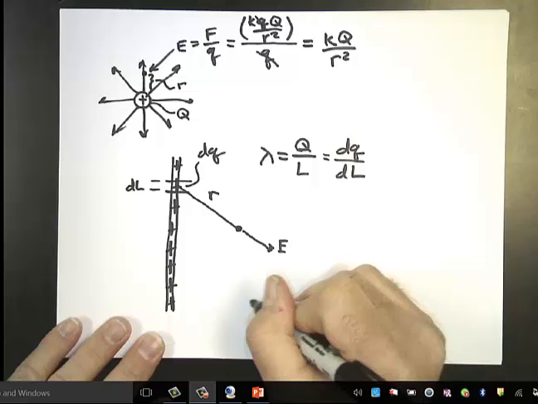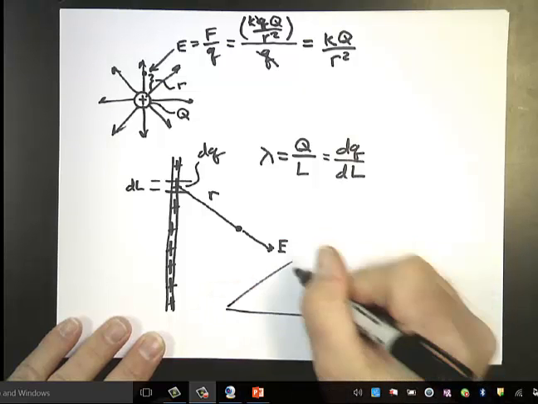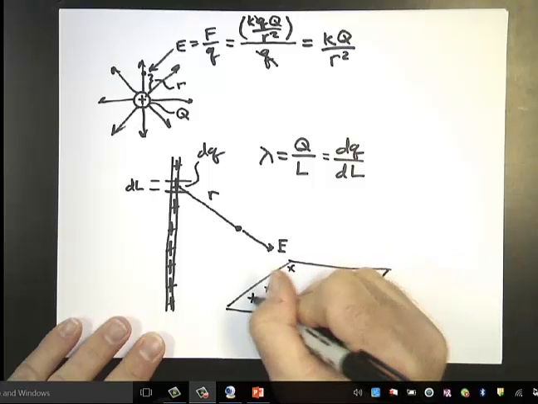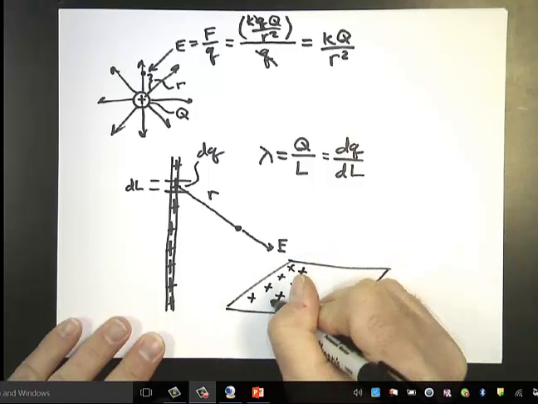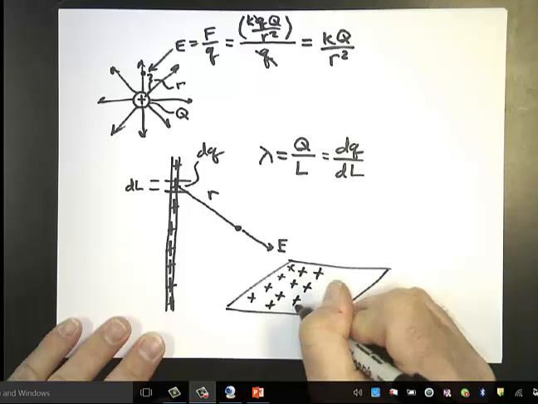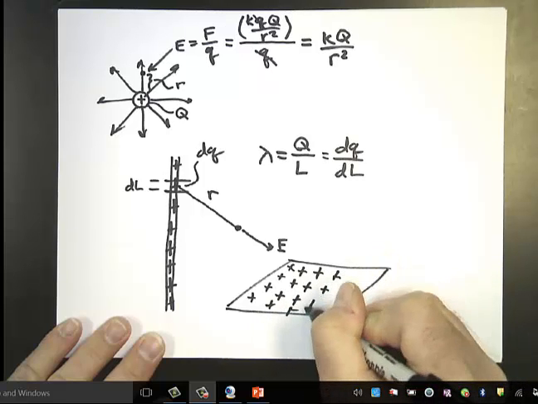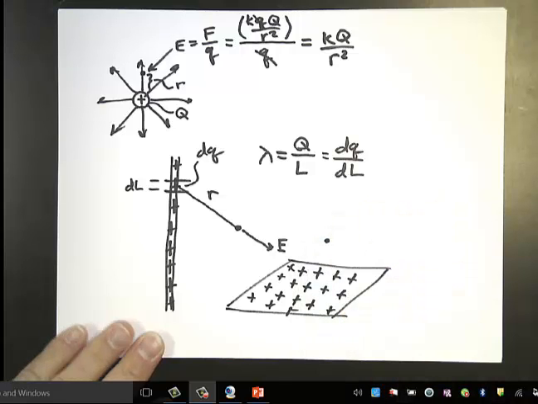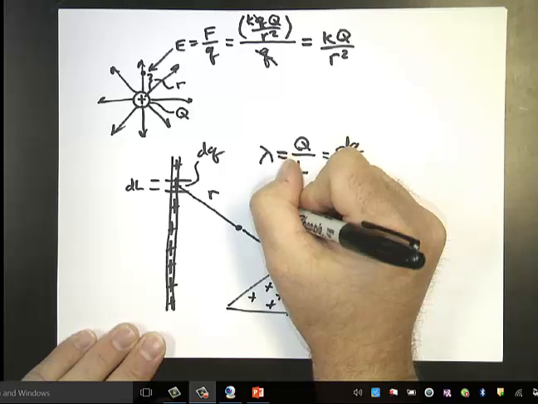We could also have an area of charge. So I could have a sheet of charge where we put charges uniformly distributed along this sheet. And I could say, what is the strength of the electric field right here, a certain distance above the sheet? For that we use sigma.